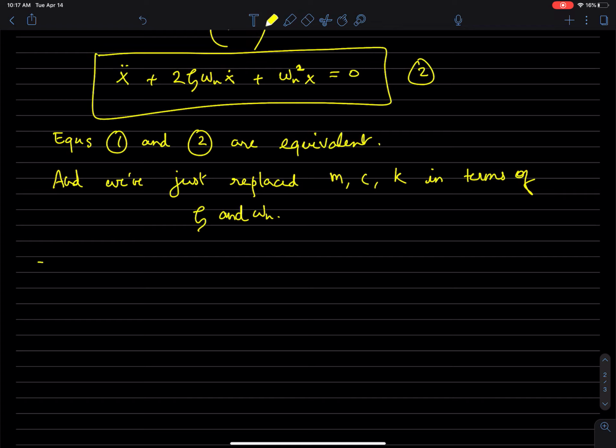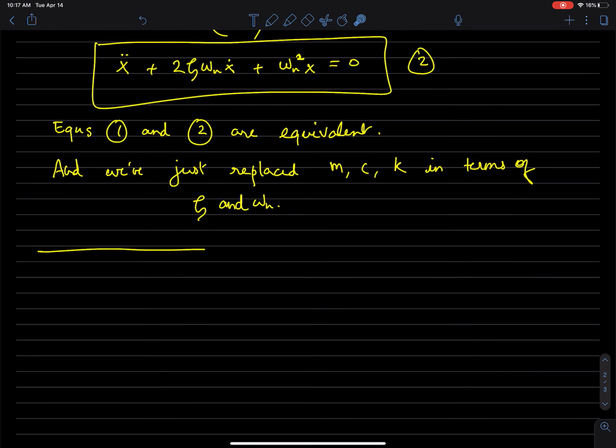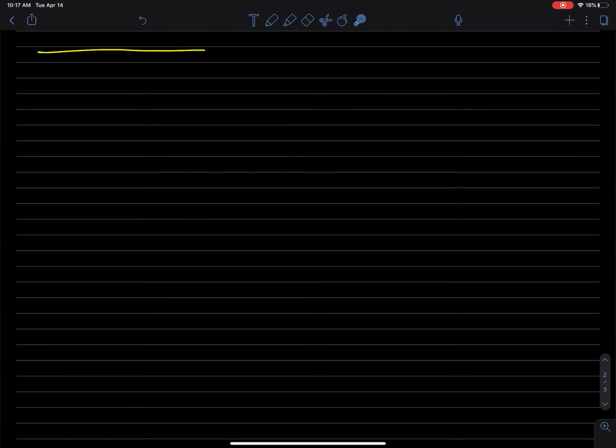Okay, so let's consider how we solve an equation like this. Solving equation 2 for x of t for some given initial conditions.